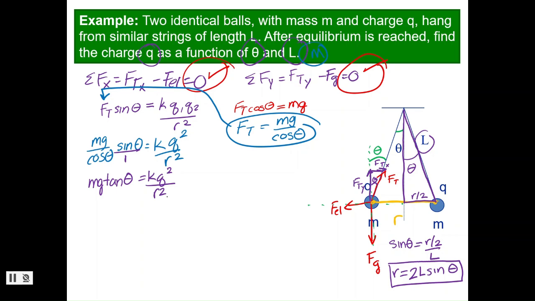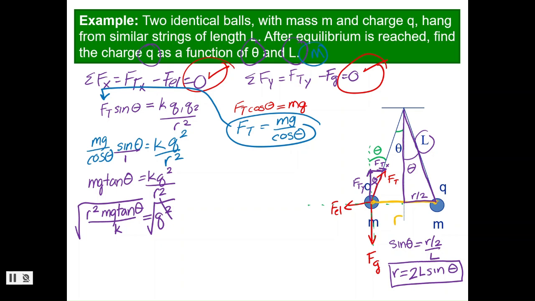So solving for q, I'm going to multiply the r squared and divide by k on both sides. So I get r squared mg tan theta over k is equal to q squared. I can then take the square root. Notice that I can actually get a plus or minus.